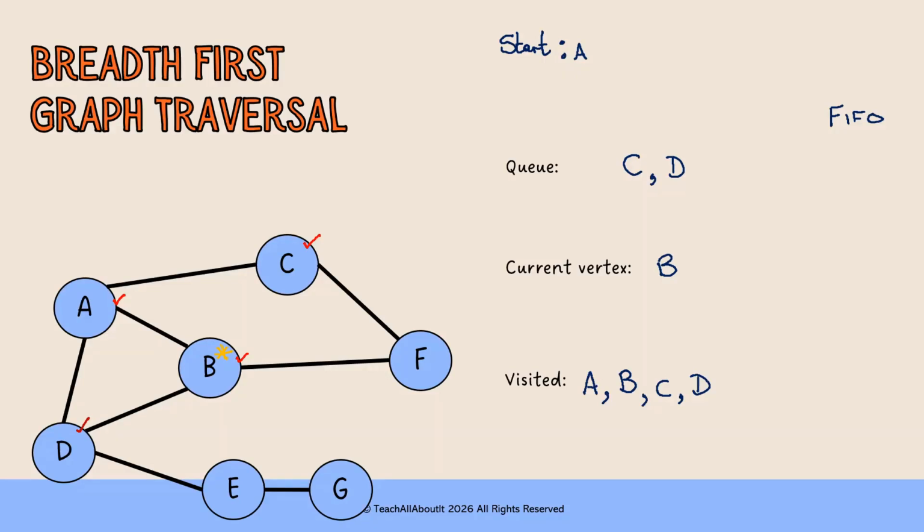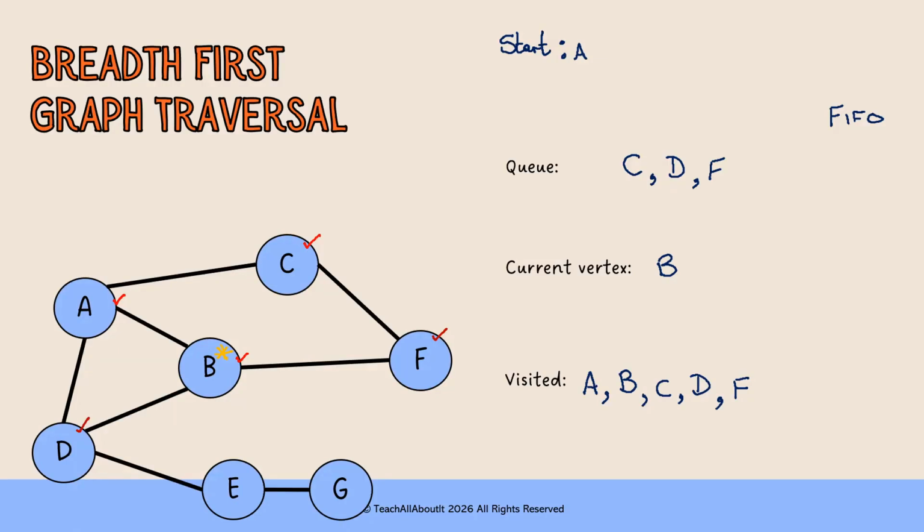Now B has visited A already, so there's no point there. It's visited D already, so we can't use that, but there is an unvisited node, F. So the next node to be visited is F. That then goes into our queue, and we identify it's been visited, and we are still on our current vertex of B. Now B has no available nodes to go to, so we are going to change the current vertex using our queue structure.